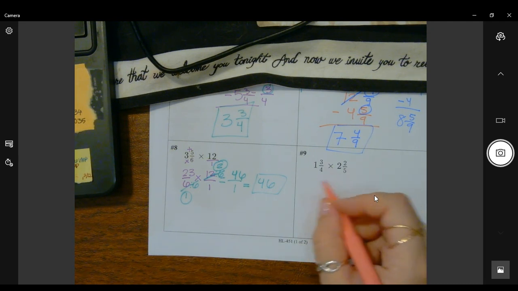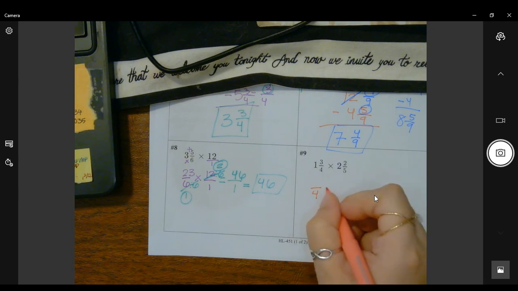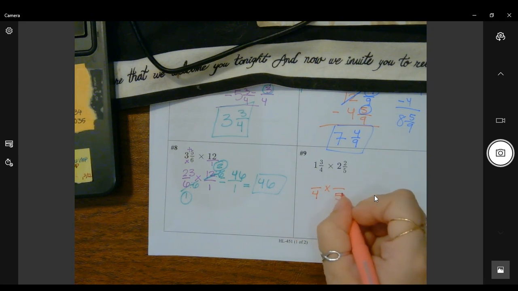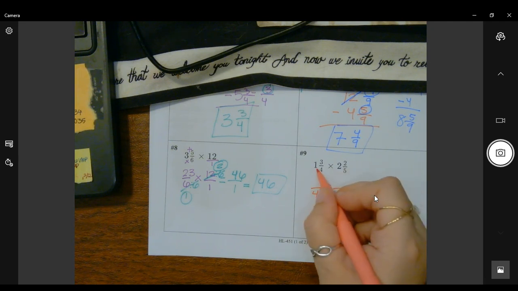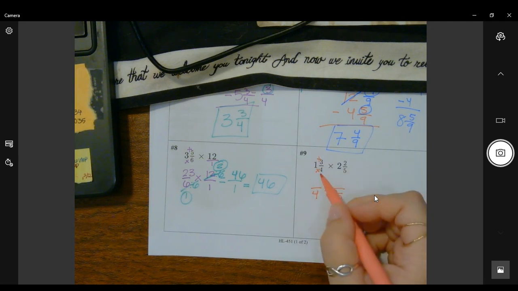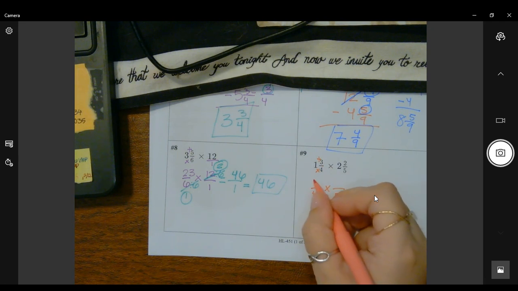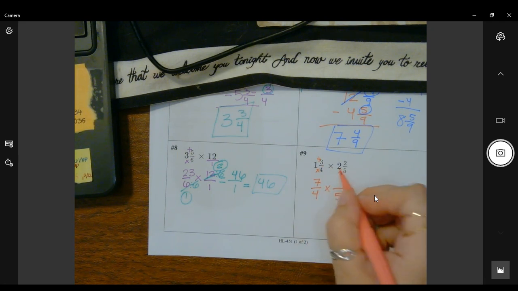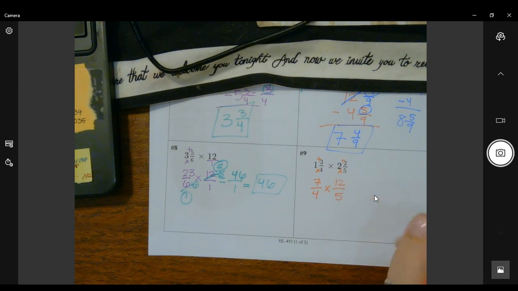Okay, this guy, we're going to change both of these to impropers. So that's a 4. This denominator is a 5. And to get your numerators, remember, it's this times this plus this. Well, 4 times 1 is 4, plus 3 is 7. This one, 2 times 5 is 10, plus 2 is 12.